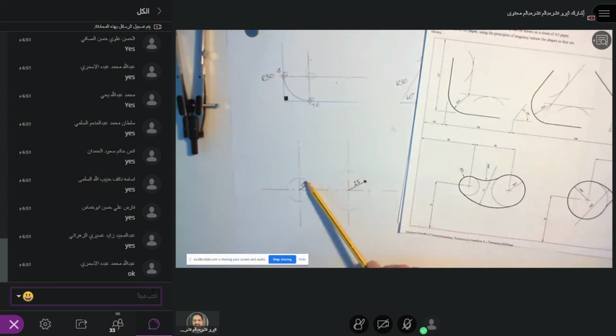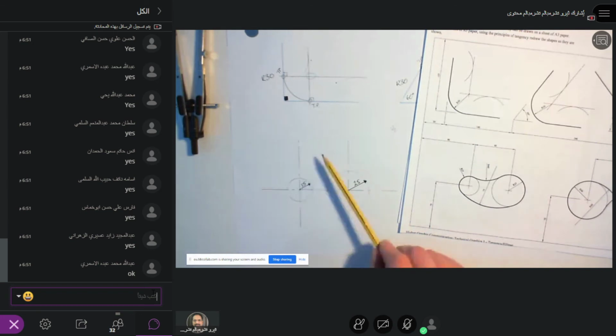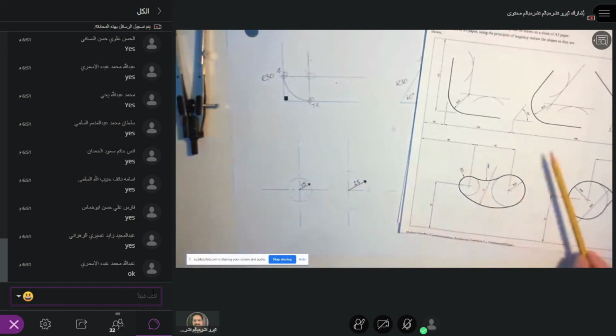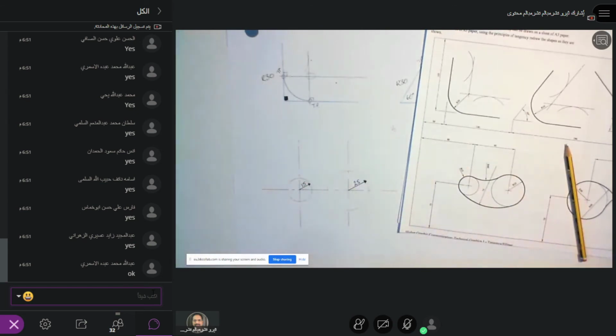Now I know the radius from the edge of this circle to that centre is 15. So if I add the two together, I get a total of 55. So the centre I'm looking for up here is going to be 40 plus 15 away from its centre point. So I can set my compass to 55, and I'm going to do that now.